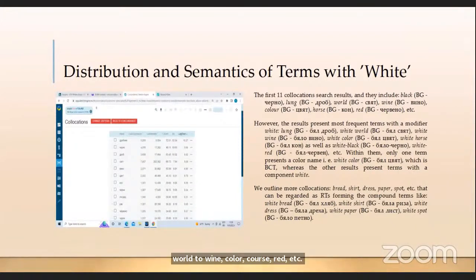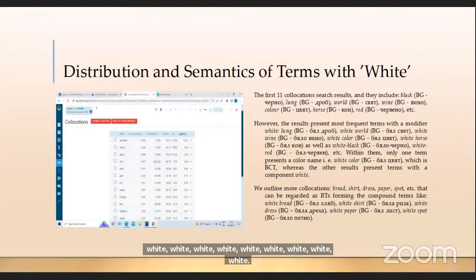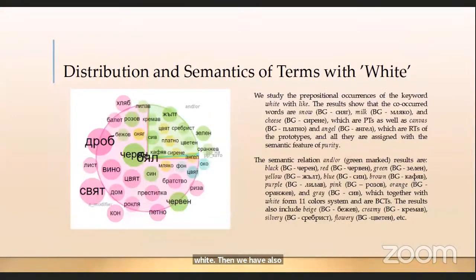All these words give a very meaningful combination with white: white world, white wine, white color, white horse, white black, and white red. Then we also received other collocations like bread, light, etc. For a more complicated semantic search, we used the term white together with the preposition like.